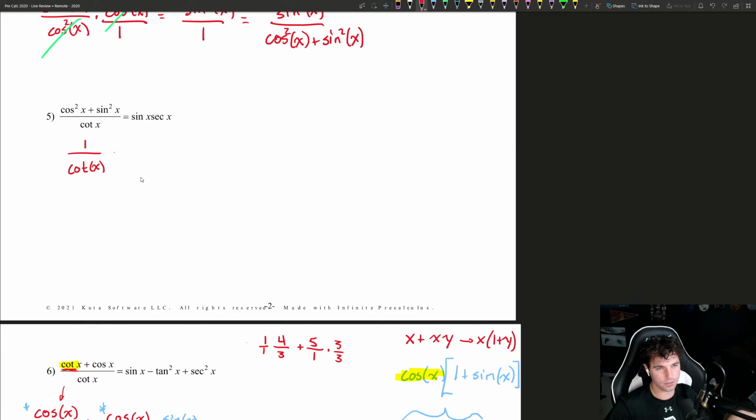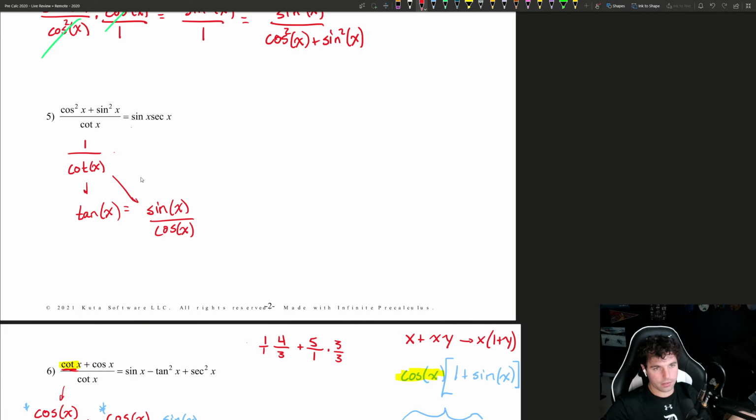You might not see it just yet, but if you rewrite 1 over cotangent as tangent, or just go directly to sine over cosine. All right, so you can either go directly there or switch it to tangent first. You're not really skipping steps, you're just moving differently.